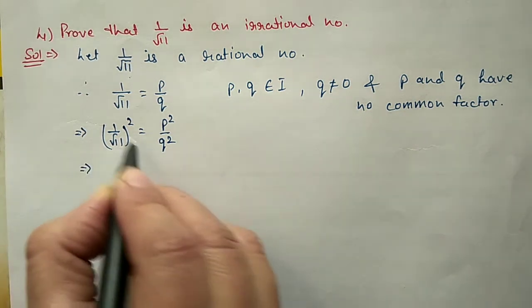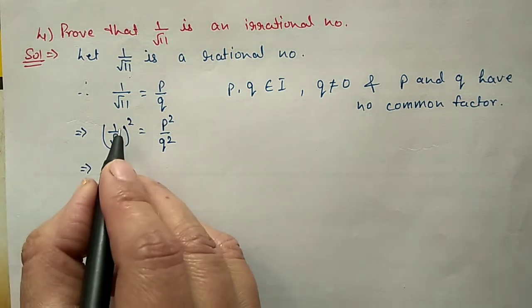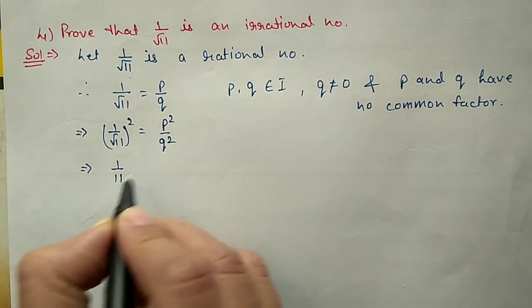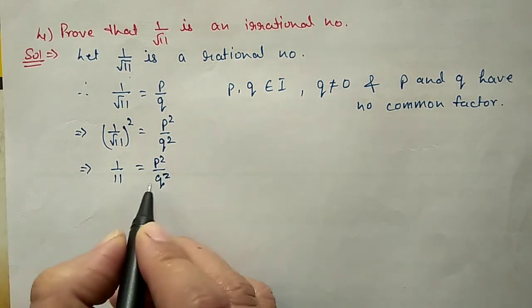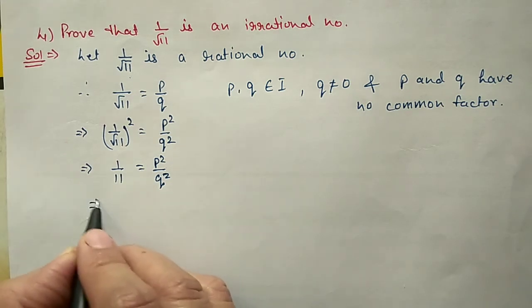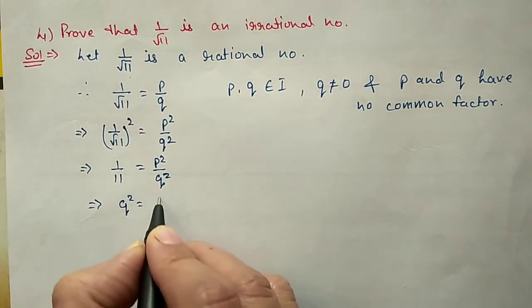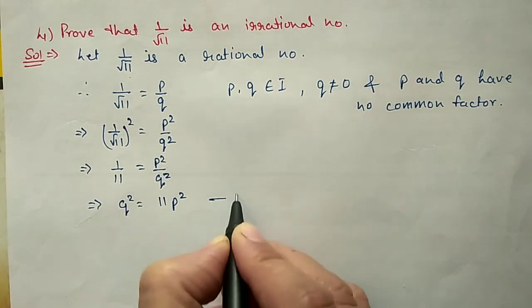Shift q square, cross multiply. First we will do the squaring. We will get 1 by 11 is equal to p square by q square. After cross multiplying, we will get q square is equal to 11 p square.